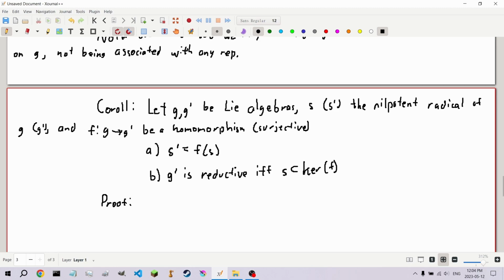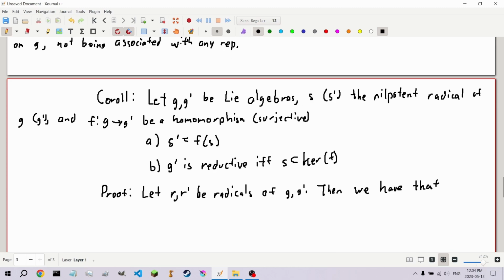So proof, we're going to let R and R prime be the radicals of G and G prime. Then we have that long equation.